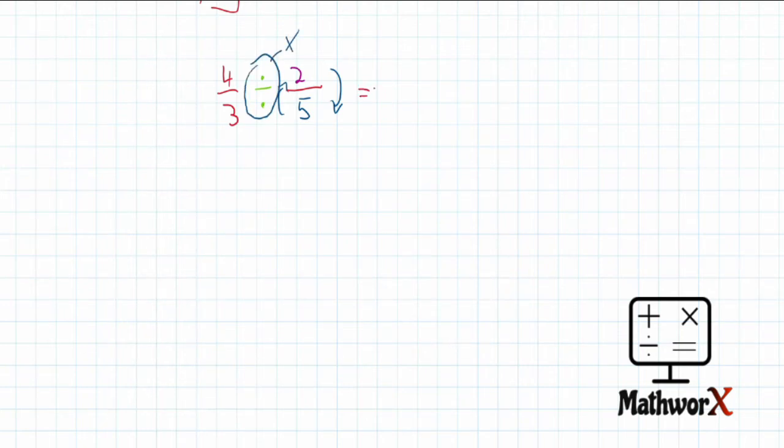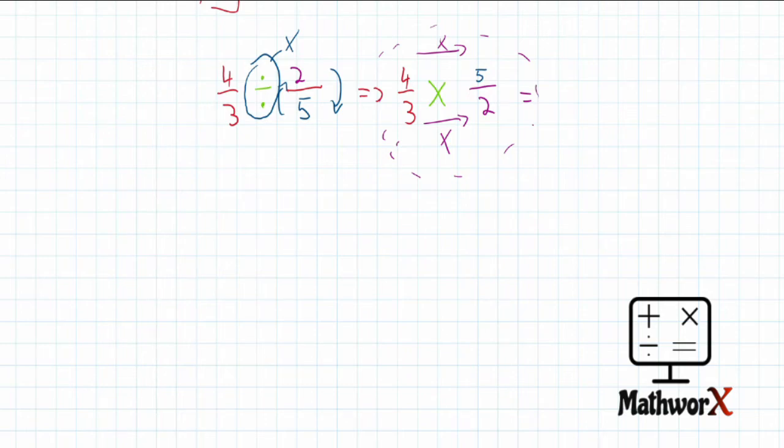So here is the equivalent of 4/3 times 5/2. This becomes times, and this becomes times. You see here, once we get it to this format here, it's exactly the same as what we're doing for the first 3 problems.